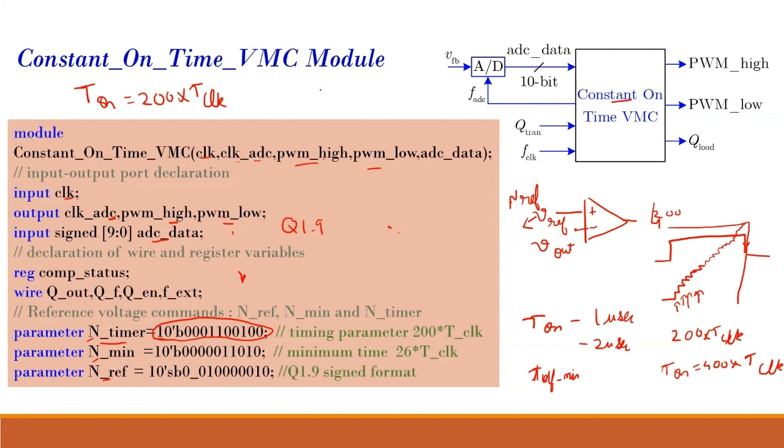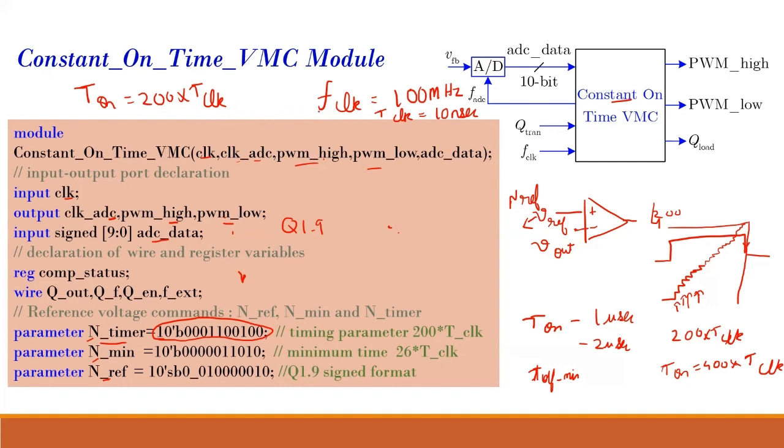Now, in the hardware board which has been used for this course in the demonstration, your clock is 100 megahertz. So the T clock will be 10 nanoseconds. So if you do 200 into T clock, 200 into 10 nanoseconds, you will get 2 microseconds. So by calculating that, we are writing this.